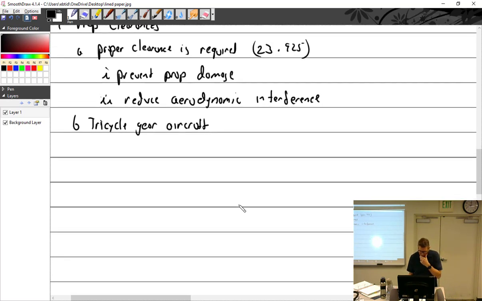Let's see, tricycle gear: minimum of 7 inches between tip and ground.